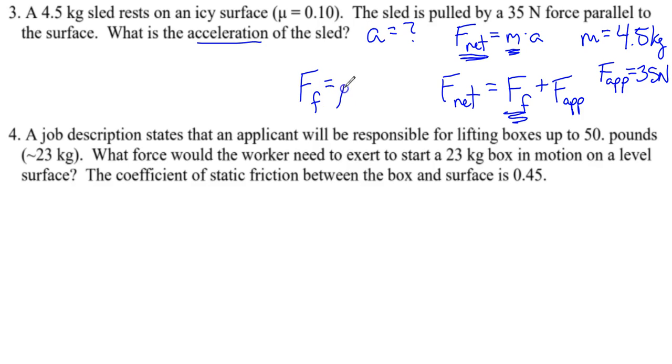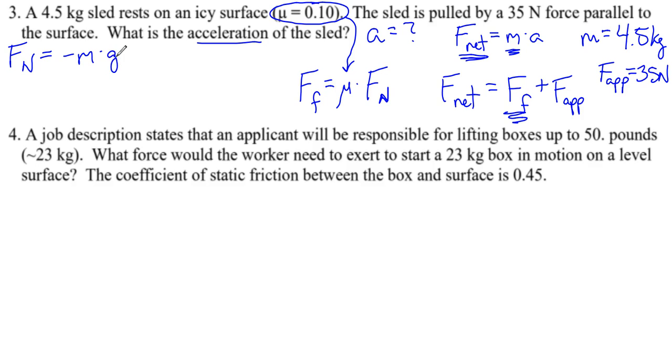the force of friction is equal to the coefficient of friction, which we know, times the normal force. We know the coefficient of friction, that's the 0.10. Then we need to find the normal force. Well, the normal force is equal to the opposite of the gravitational force, so negative mass times gravity. We know both of those things.